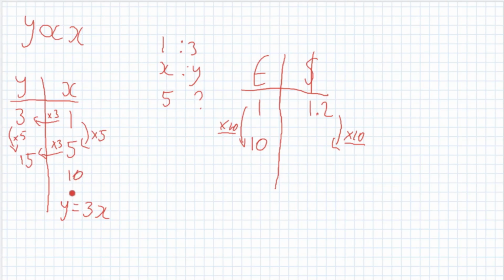So if I have 10x, you might see it written like this, and all you need to do is substitute in y equals 3 times 10, because we're substituting the 10 in, equals 30, and we know that this is 30. You can see here because we've timesed both sides by 10. So there's a second way to think about it: you may get given it this way, you may get given it that way, but more often than not, they're just going to give it to you as a worded question.